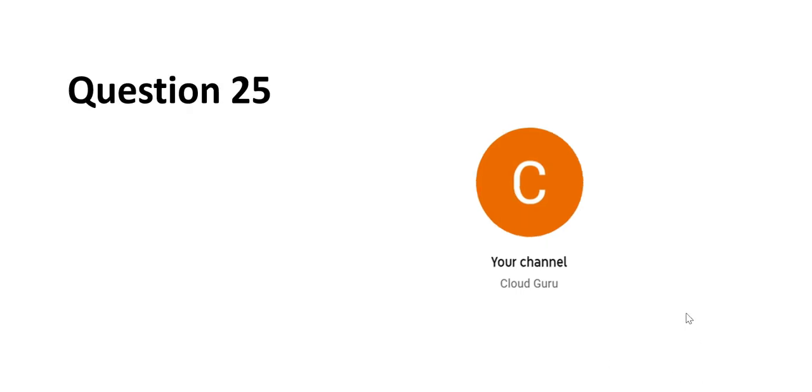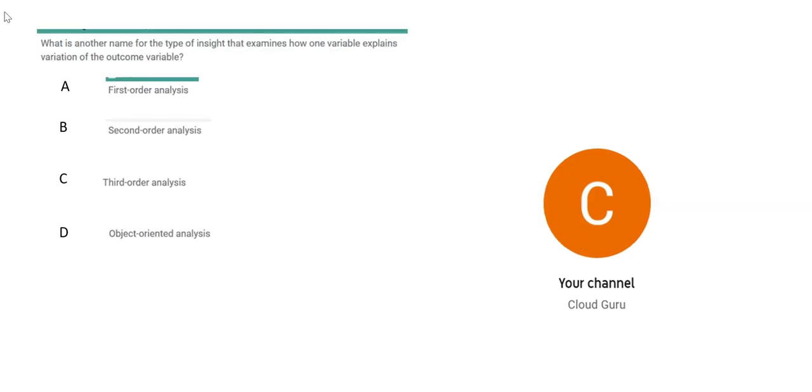Let's see question 25. This question is about what is another name for the type of insight that examines how one variable explains the variation of the outcome variable. So it's like how the product range will, so that is one variable.